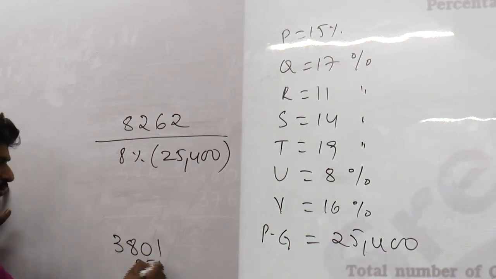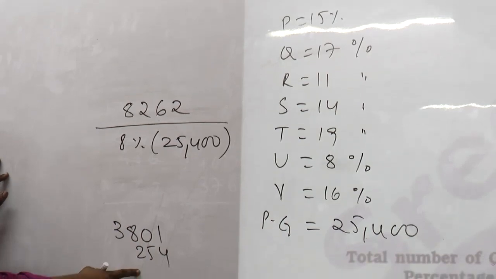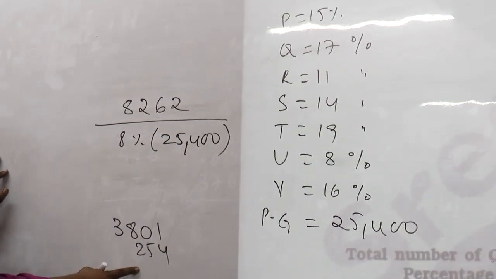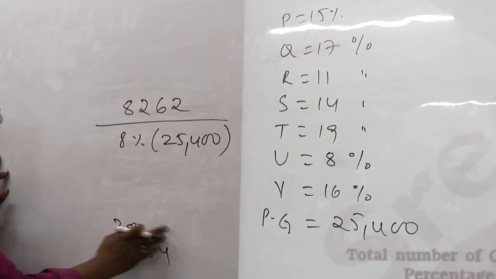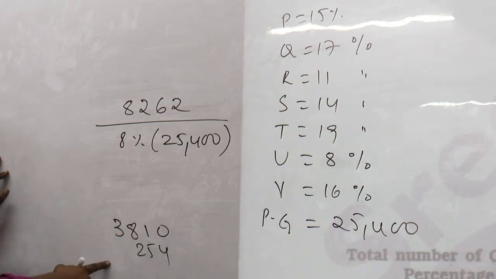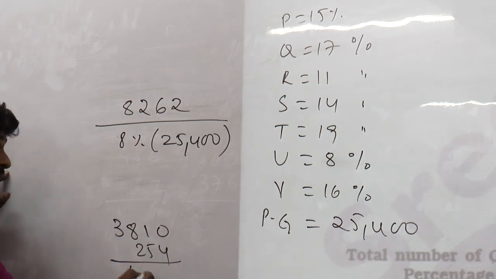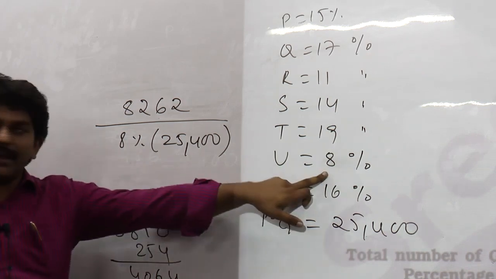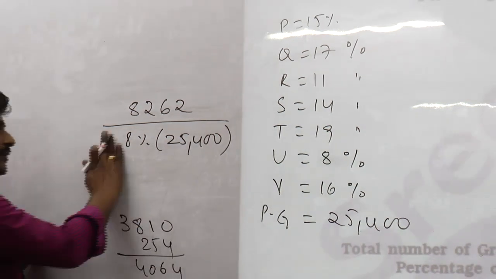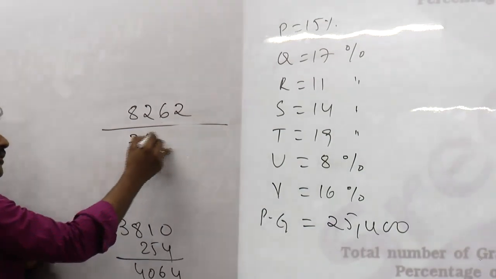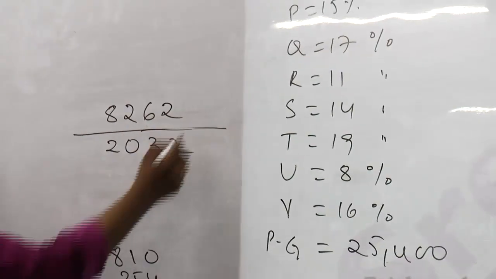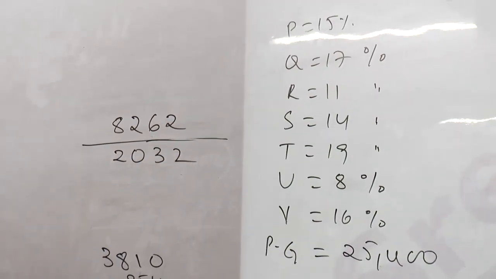3810 plus 254, okay. So that was 4,064. This is 16%, but now you need 8%, so half of it. So that is 2032. They said approximate, right?